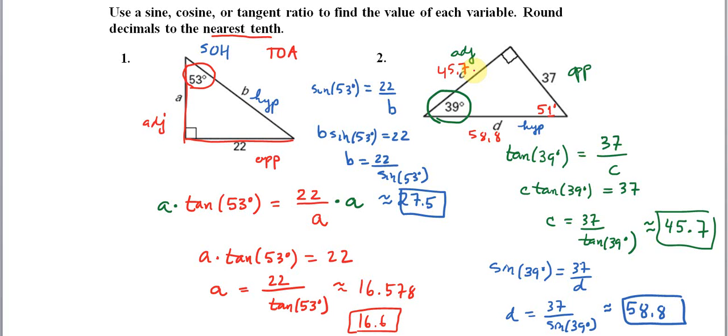This doesn't mean we're 100% correct, but it means that we're on the right track at the very least. In any triangle, the smallest side should be opposite the smallest angle. 37 is the smallest side, and that's opposite 39. 45.7 is the middle length, and that should be opposite the medium angle. And then 90 degrees is the biggest angle, and you can see that's opposite the longest length.